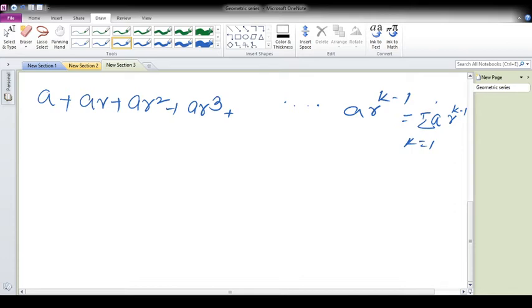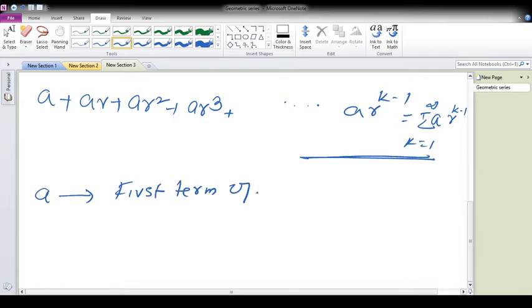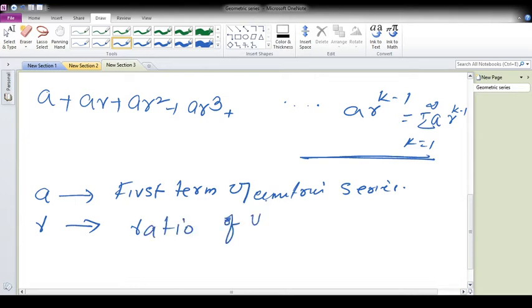This is the geometric series. a is the first term of the geometric series, and r is the common multiple, which is called the common ratio of the geometric series.